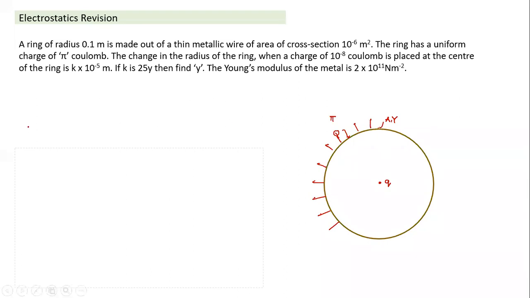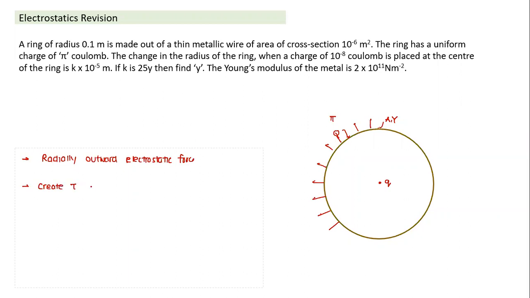So step by step, the effect of Q will create a radially outward electrostatic force on the ring. This electrostatic force will create tension in the ring.